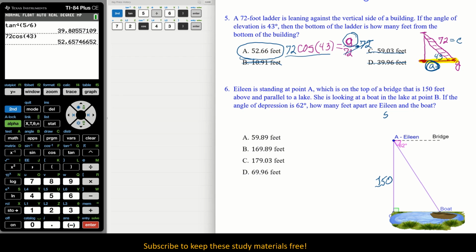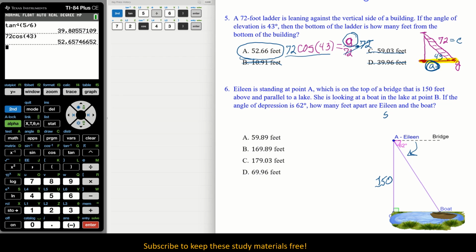Okay. All right. Now, she is looking at the boat at point B. If the angle of depression, which means going down, is 62 degrees, how many feet apart is Eileen from the boat? Now, here's the thing. The way this is all drawn, you have this right angle, and you know those are parallel.